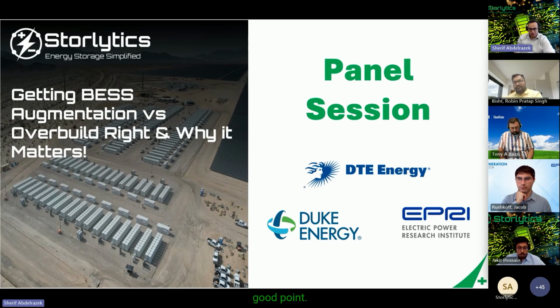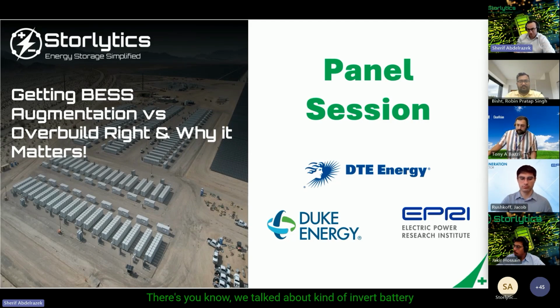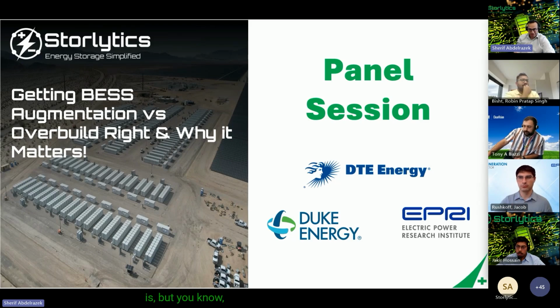Interesting. Very good point, Robin. Greatly appreciate that. And I'll just add one as well. We talked about battery technology advancement and how rapid it is, but if you look at inverters, even for inverters, if you try to get your hands on a 600-volt inverter today, it is really, really hard, if not impossible, because they're all either 1,000 volts or 1,500 volts, and we're starting to see 2 kilovolts.